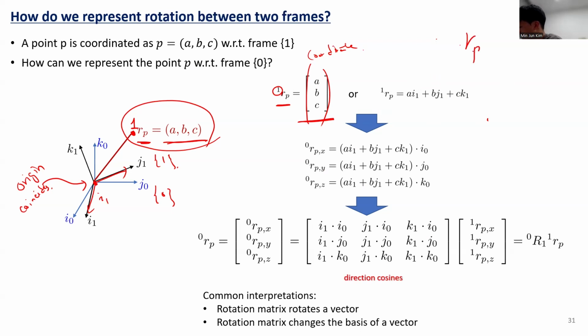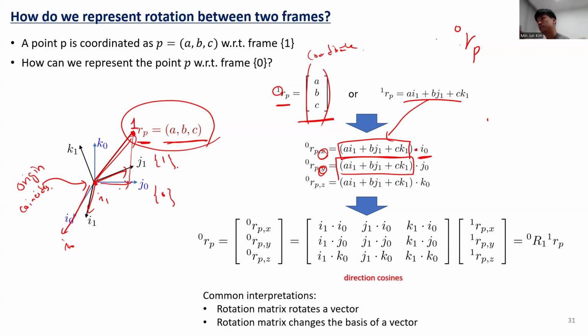For RP0, we have to project everything onto the I0 direction, or I0 basis. That will be the first component. The second component is the projection of this vector onto the second basis direction.